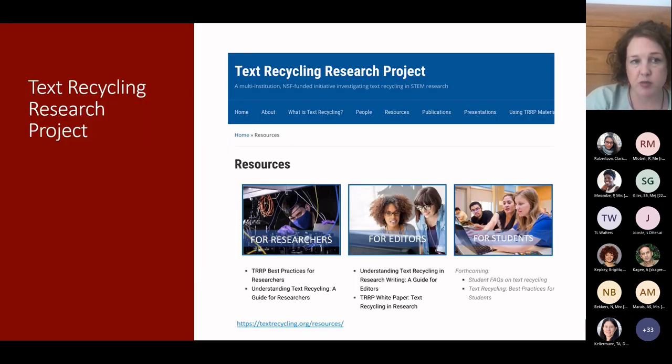So I'm just including this one slide on the Text Recycling Research Project, which has some wonderful resources for researchers, for editors, for students, all on text recycling and how much of that you can do before it starts bordering on plagiarism. So these are very helpful and practical resources that one might want to bring into your environment.